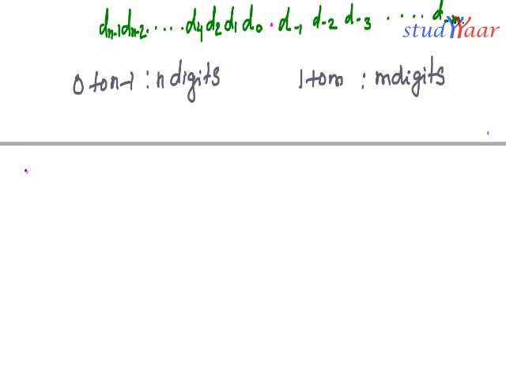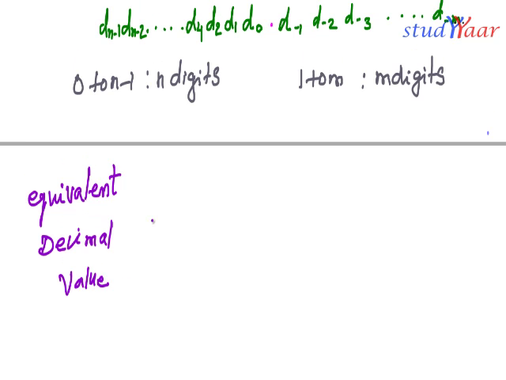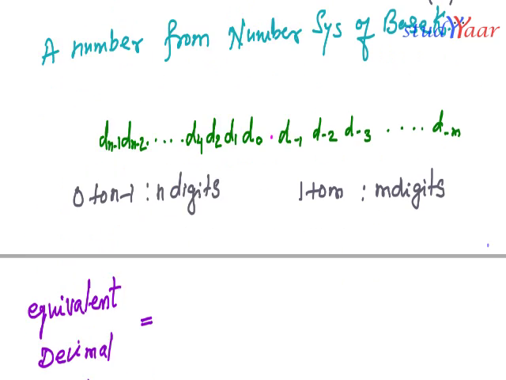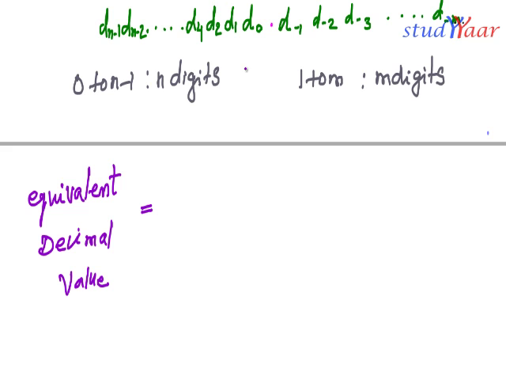The equivalent decimal value is going to be, since we have a base k, we are going to use k as the weight. What do we mean by the weight? Weight is the multiplication factor.